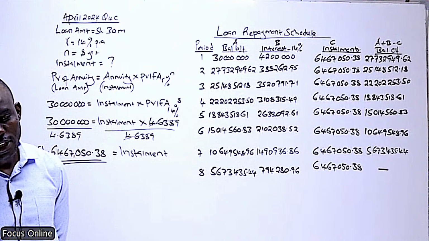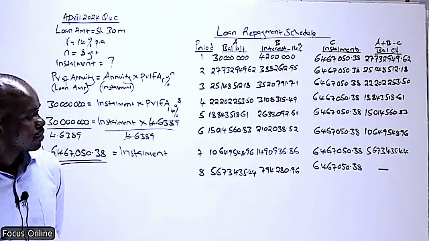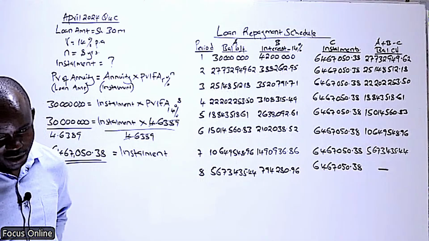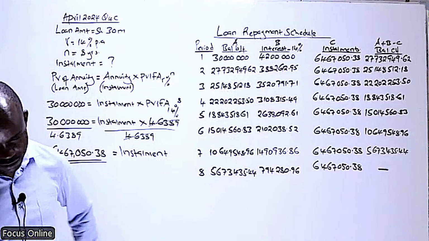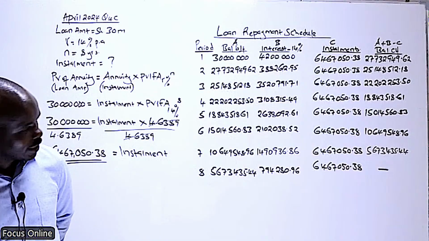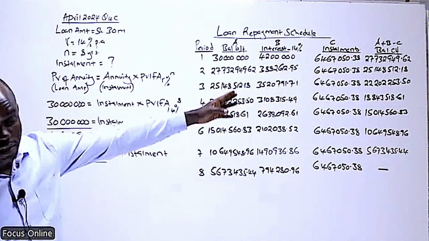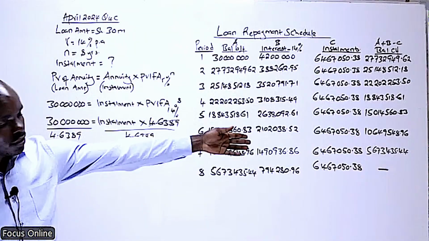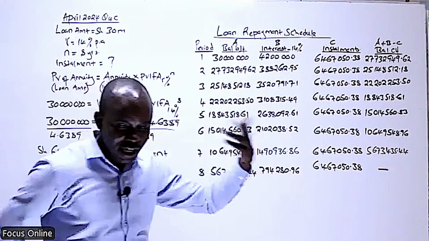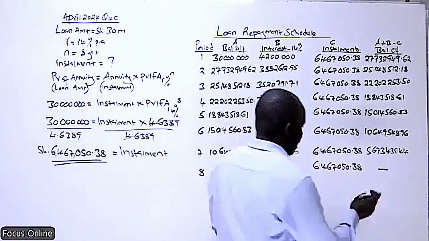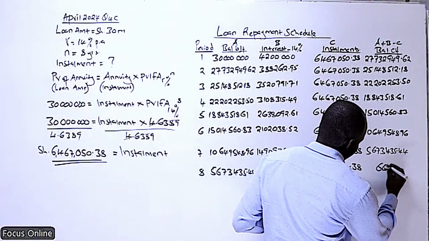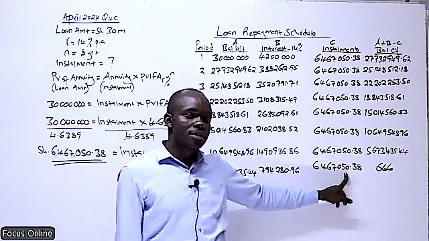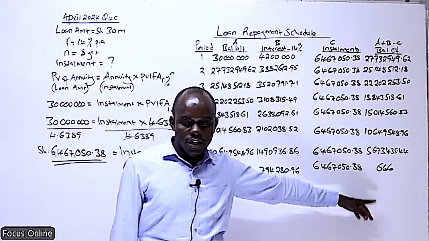You can even write the 000, but you can put the 666 there. Still okay. You can also put the 0. The most important thing is how you've been able to tabulate all this. You can do the 666 there, because the bank will recover that amount maybe the following month. But my intention was to show that after the last installment, we should have exhausted our loan balance.